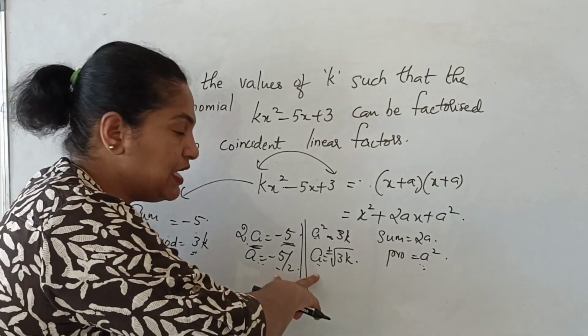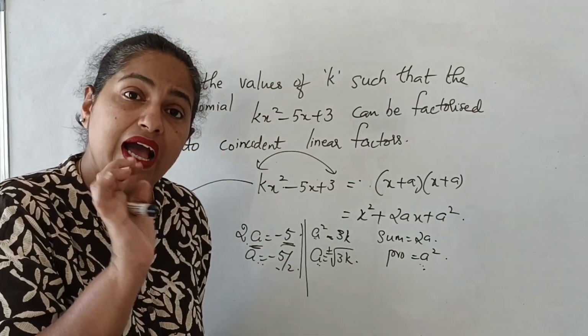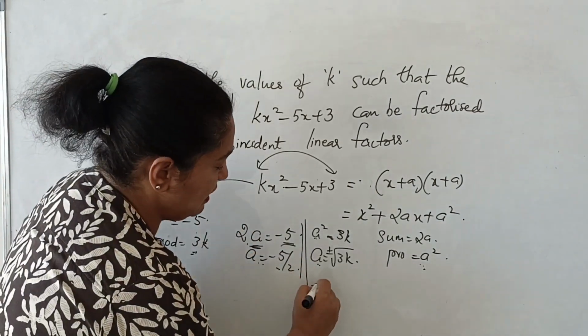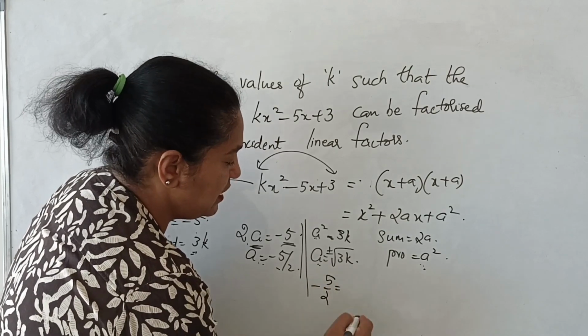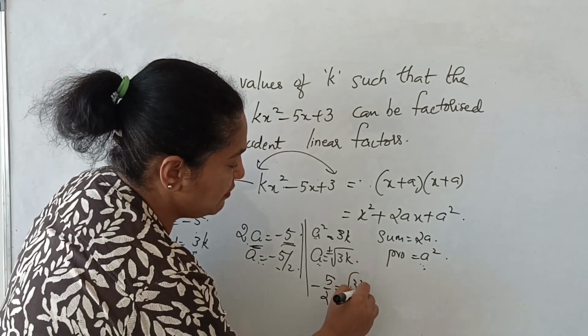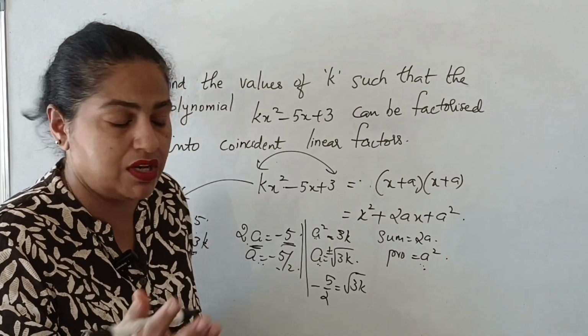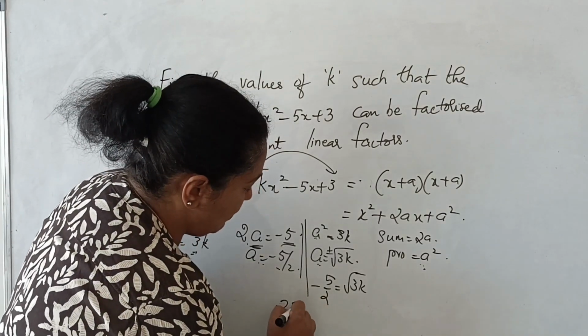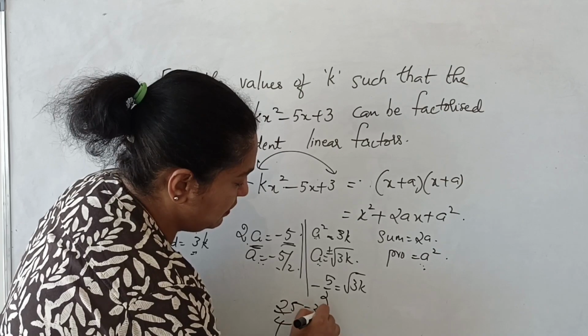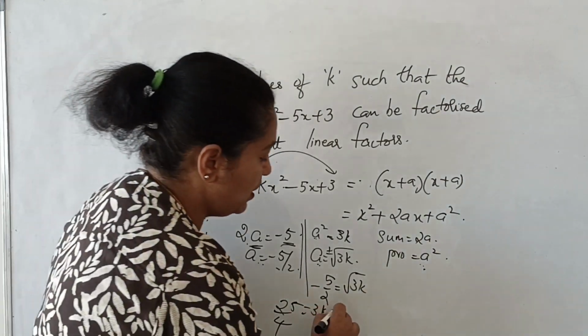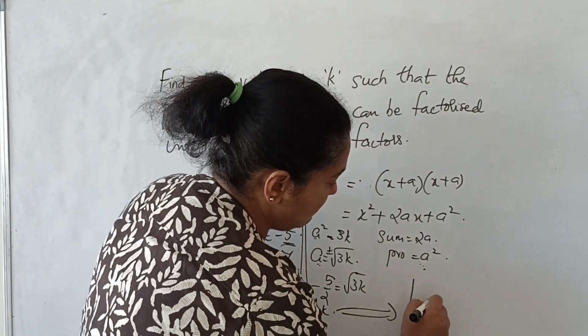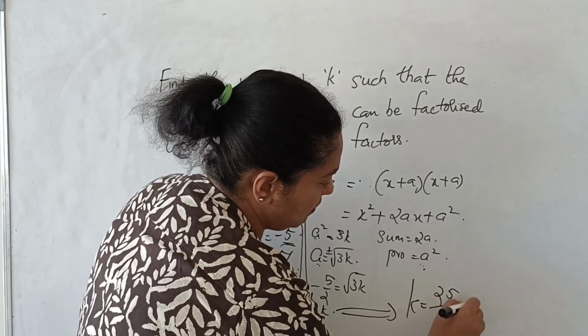Now since both the values represent a, I can equate both of them. So I will get minus 5 by 2 is equal to root 3k with the plus or minus sign. I am going to square it because then it will obviously become positive. So here I will get 25 by 4 is equal to 3k. Or I can say that k is equal to 25 by 12.